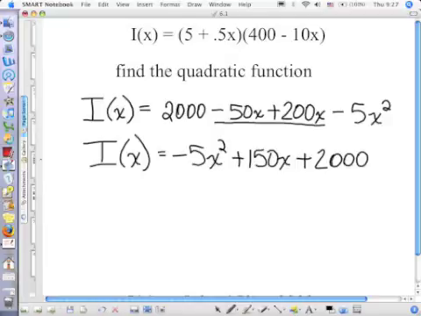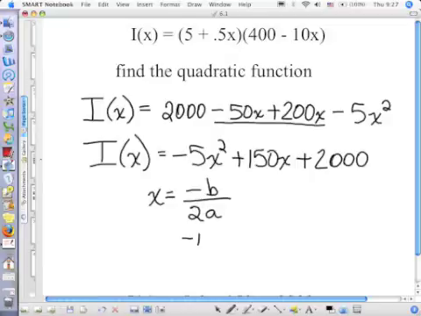Now the question is, what is x? How many times am I going to increase my price? In the information I just gave you, how do we find x? We said x equals negative b over 2a. So we're going to find out the number of price increases. Negative b over 2a. Well, b is 150, right?